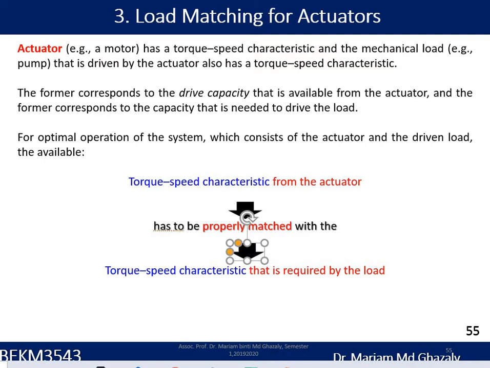So the motor torque speed characteristics refers to the drive capacity that is available from the motor itself, which is needed to drive the load.